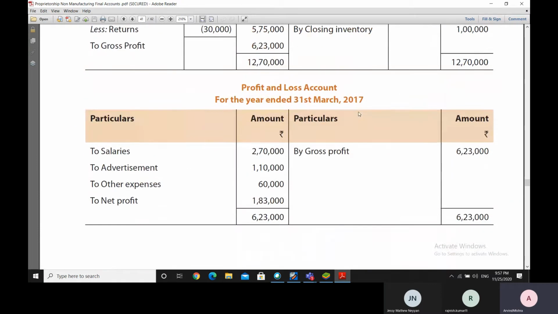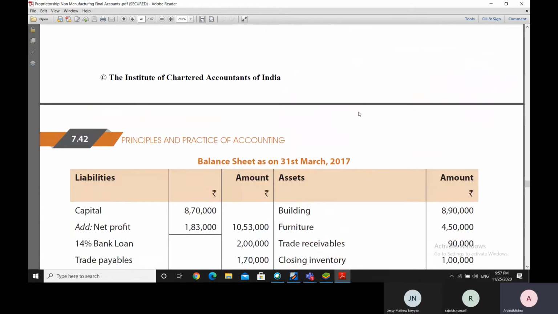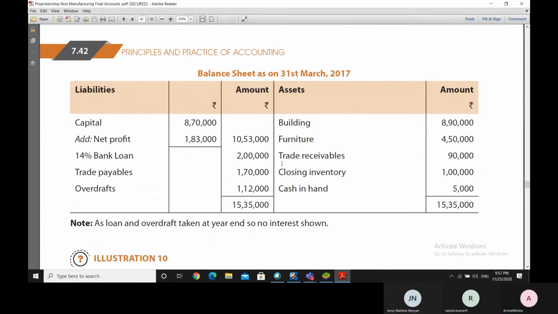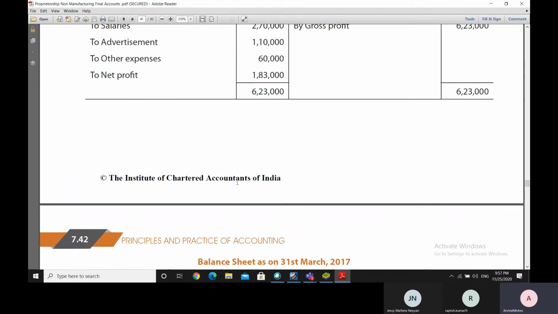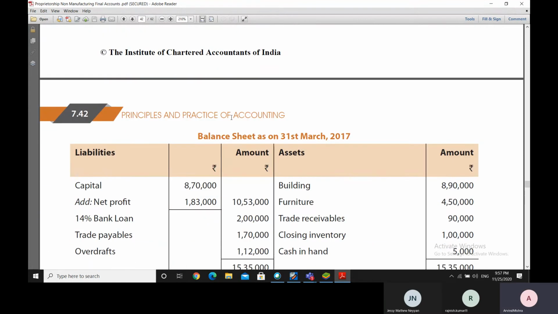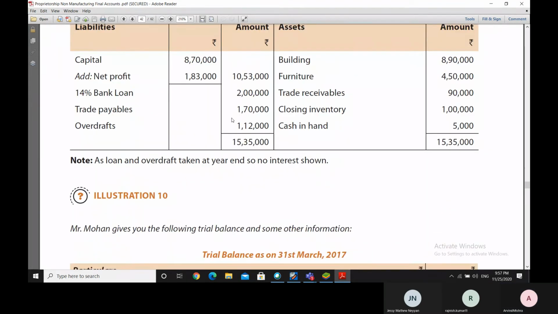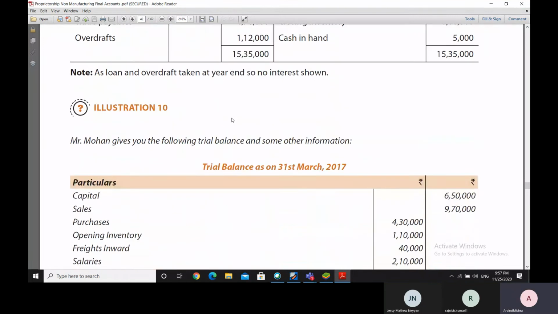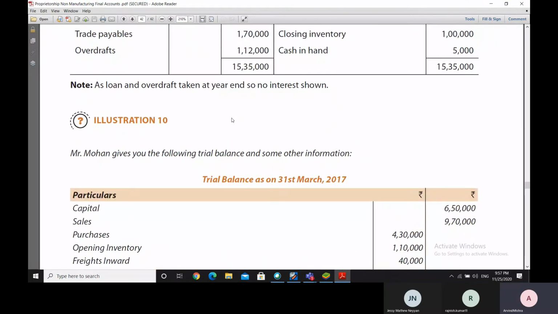These two amounts, 2 lakh and 1,12,000 rupees, are shown here on the liability side, but no interest paid is going to be shown here because these loans were taken on the last day and therefore no interest is accrued. If the loan had been taken earlier, the interest accrued would have to be accounted for.